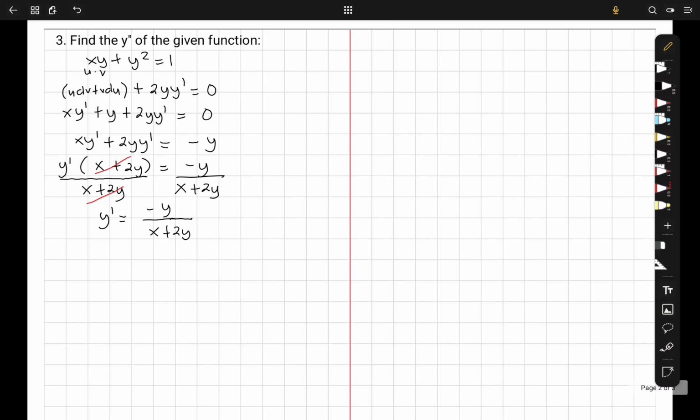So, that will be y double prime kasi second derivative na tayo. Yung low natin is x plus 2y multiplied by the derivative ng high, y, that is negative y prime, minus low natin ay high, which is negative y, multiplied natin sa derivative ng ating low, which is 1 plus 2y prime.